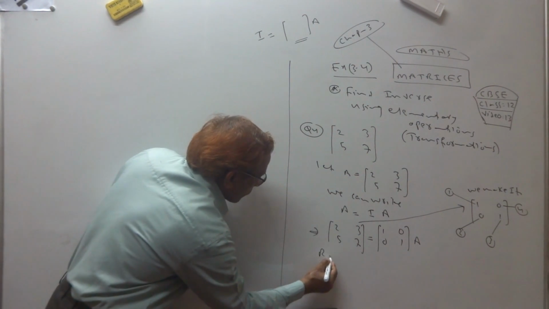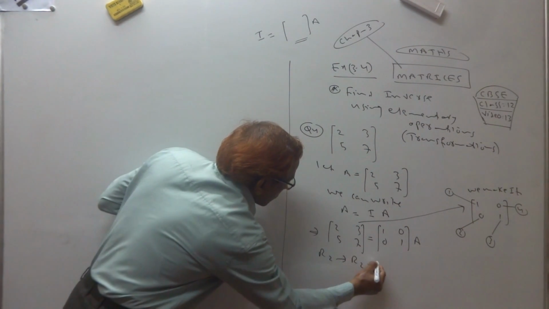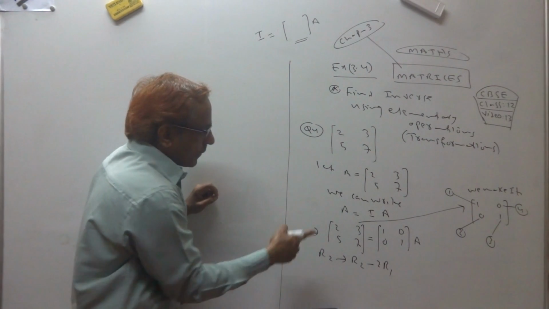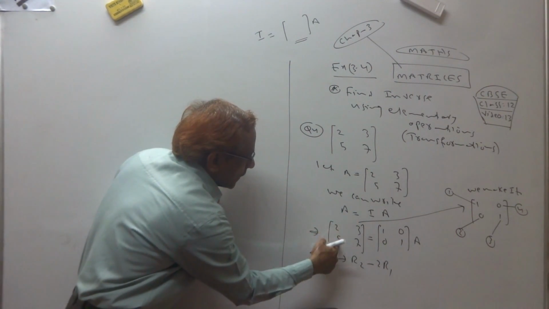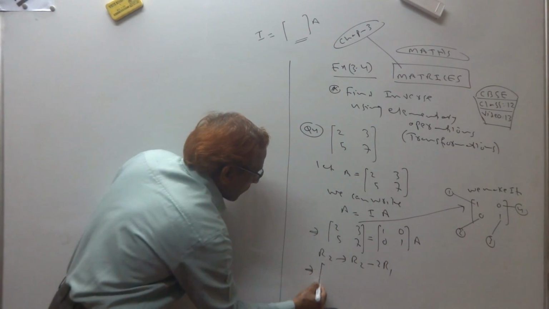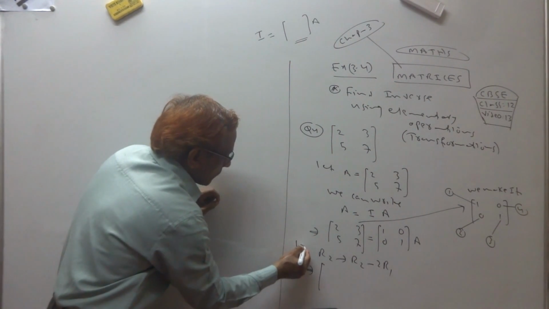How? R2 gives R2 minus 2R1. 5 minus 2 into 4, 5 minus 4, I get 1 here. This is called an elementary operation.